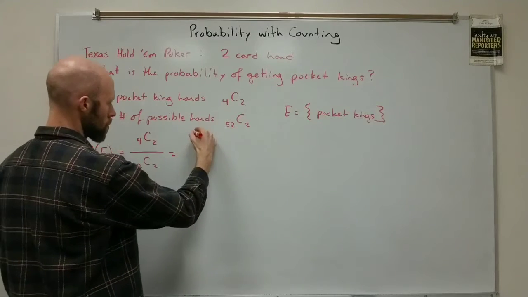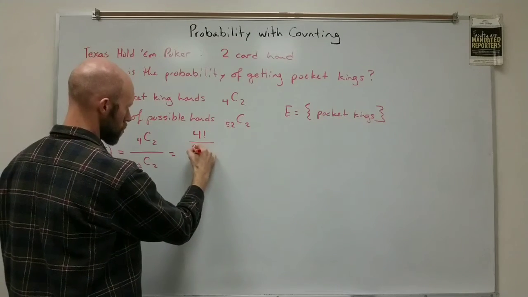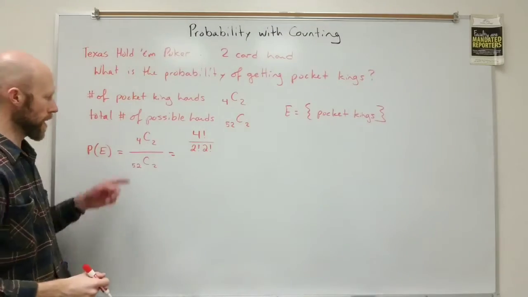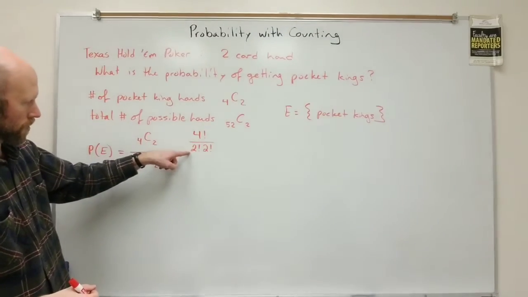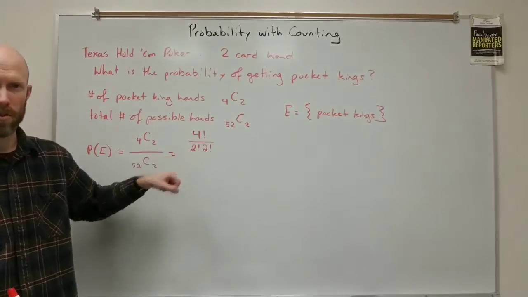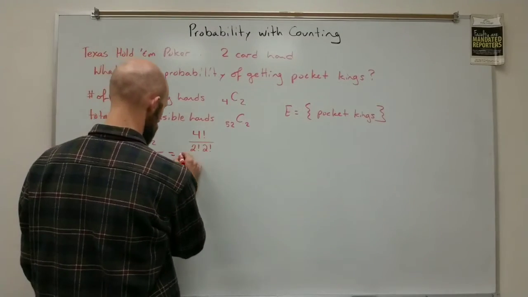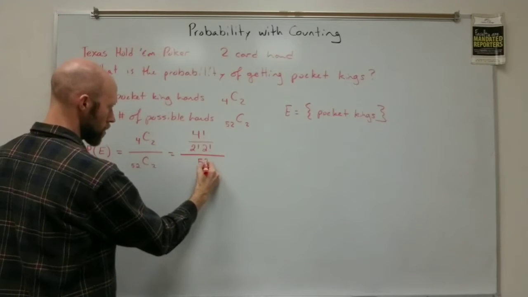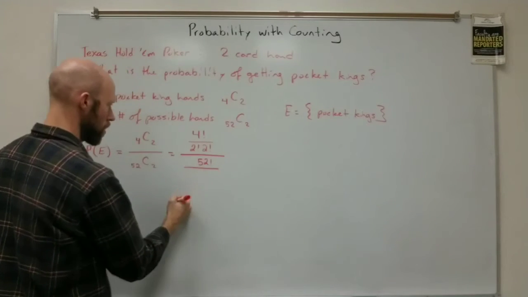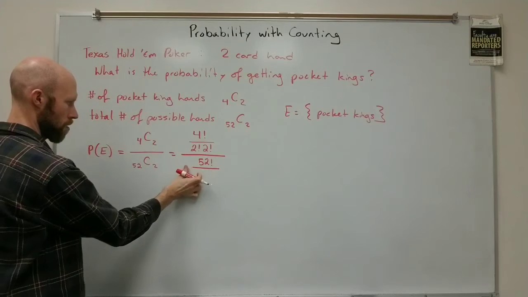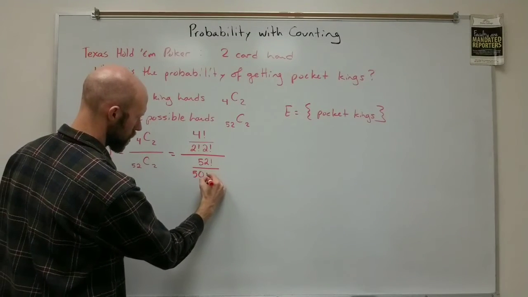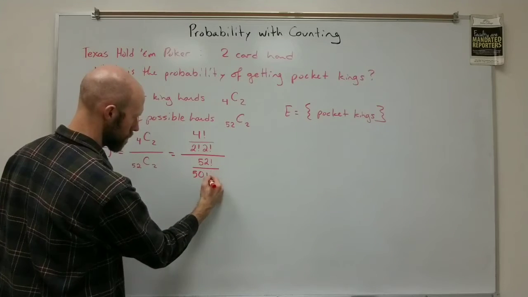4 choose 2 is 4 factorial over 2 factorial, 2 factorial, right? The difference and the r. So n factorial over the difference factorial and r factorial, both on the bottom. And then 52 choose 2 is going to be 52 factorial over the difference, which is 50 factorial, times 2 factorial.